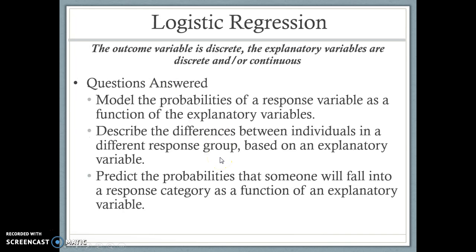So those are the general types, and this is the same kind of questions we're going to ask with logistic regression. The only thing that's different is logistic regression is used when the outcome variable is discrete, categorical or binary, dichotomous, a yes or no, disease, no disease, a level of something. So there are different levels of obesity: non-obese, obese, morbidly obese, etc. So that could be used.